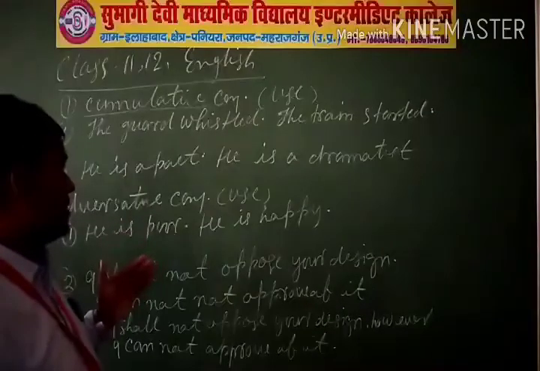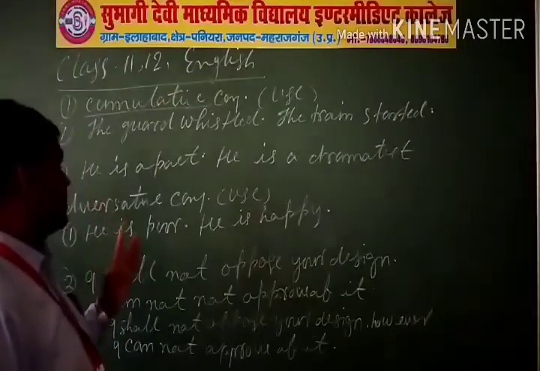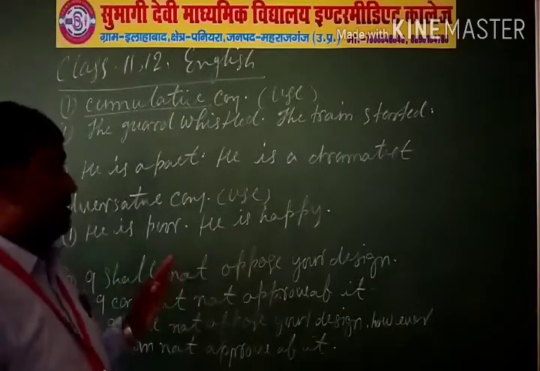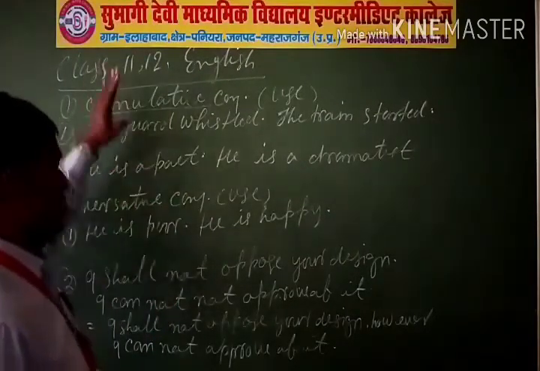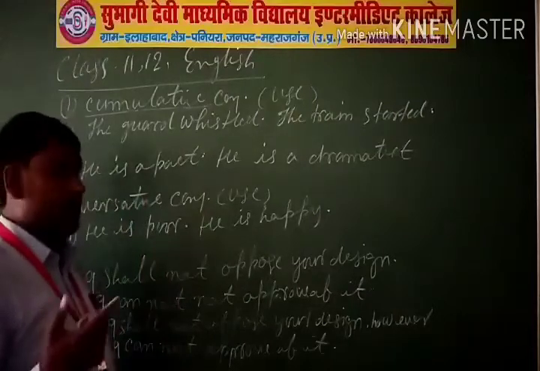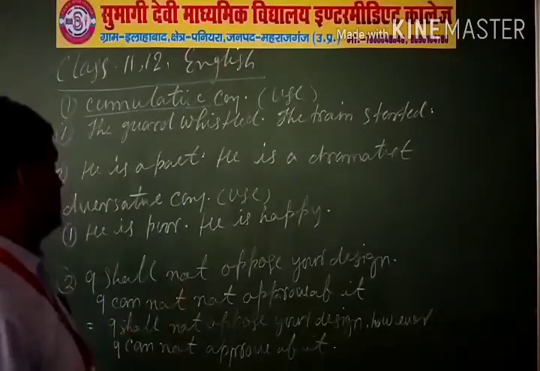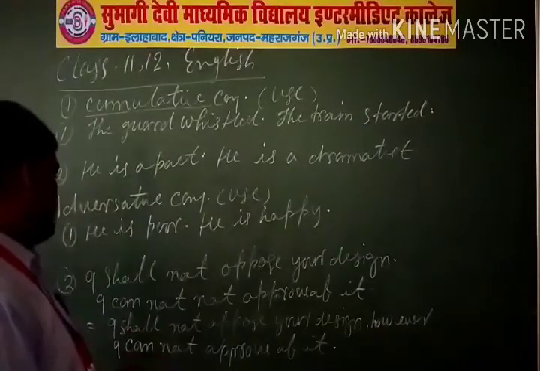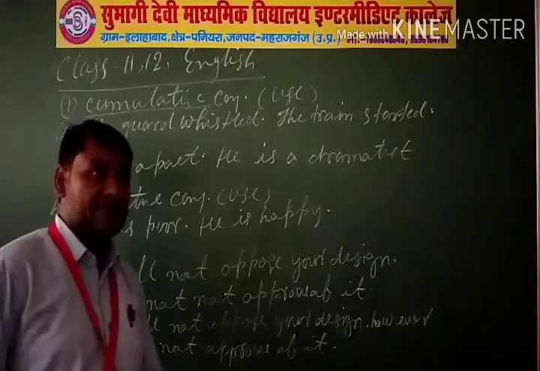In previous classes you have read how many types of coordinate conjunction there are, and how many words in every conjunction. You have read before that there are four types of coordinate conjunction: cumulative, adversative, illative, and disjunctive.